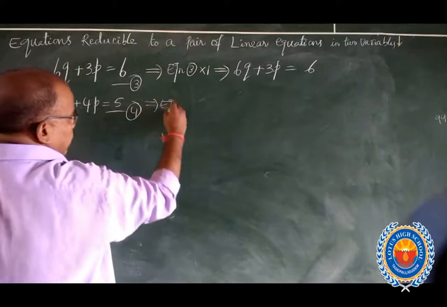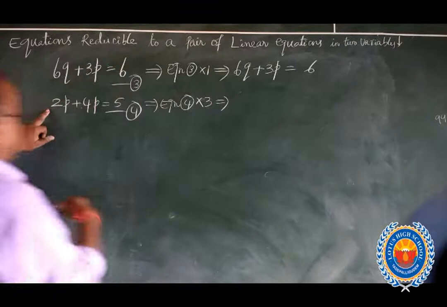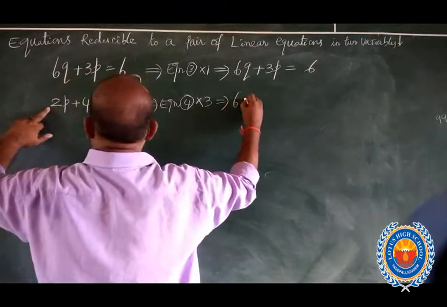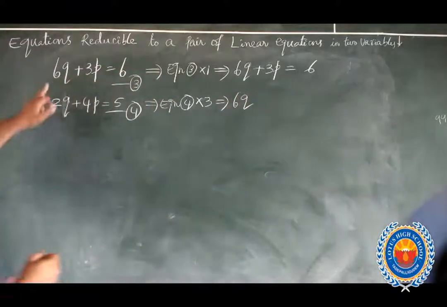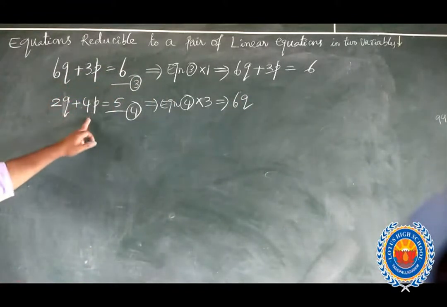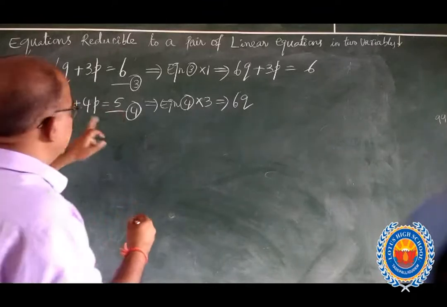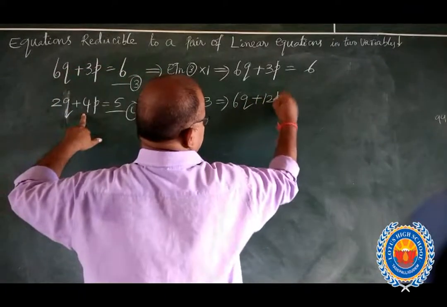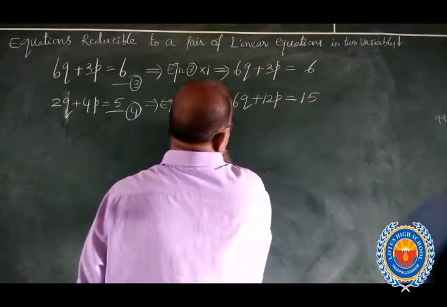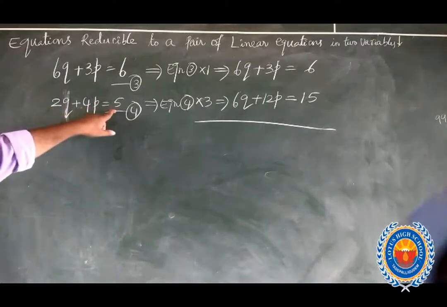Equation 4 multiplied by 3: 3 twos are 6, so 6q, and 4p times 3 is 12p, and 5 times 3 is 15. Carefully see: 2q plus 4p is equal to 5, into 3 gives 6q plus 12p is equal to 15.